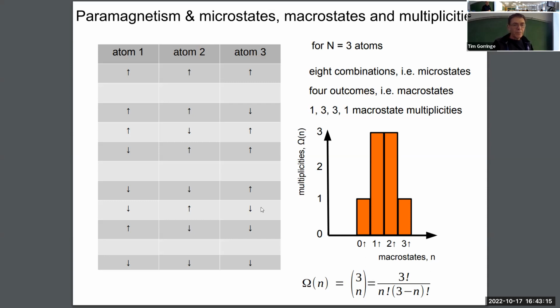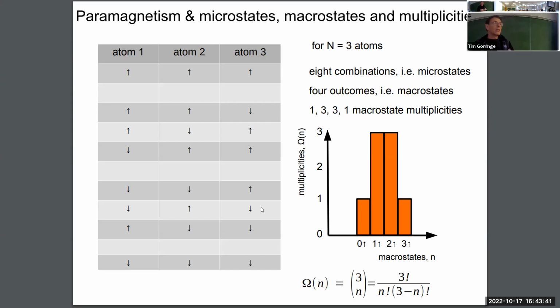There would be 4 distinct macrostates with 4 distinct magnetizations, and there would be different multiplicities for the different states. The states with 2 up atoms and 1 down atom, and the states with 1 up and 2 down, would have multiplicities of 3.